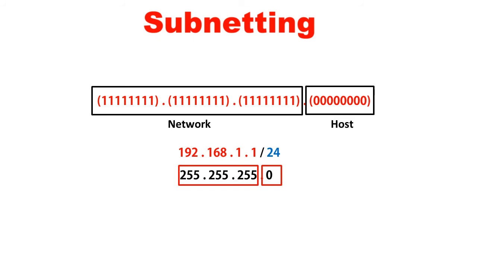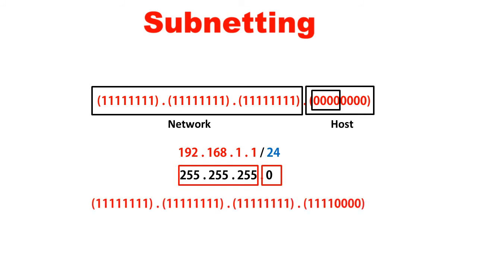Now we are going to borrow 4 bits from the host place, and then the figure will look like this: 8 ones at the first octet, 8 ones at the second octet, another 8 ones at the third octet, and at the last octet 4 ones for the network that have been borrowed from the host. Therefore, now the CIDR range value will change for the IP address.